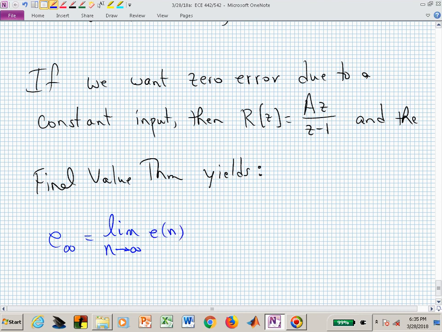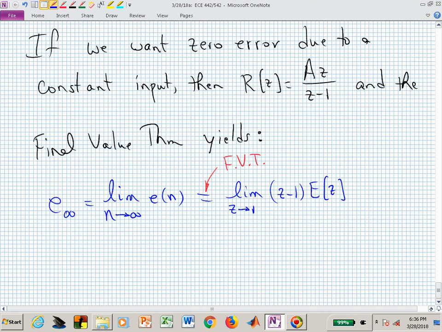That's in the time domain. And now we can invoke the final value theorem. The FVT says that that's equal to the limit as z goes to 1 of z minus 1 times E of z. Those are the two sides of that equality sign.